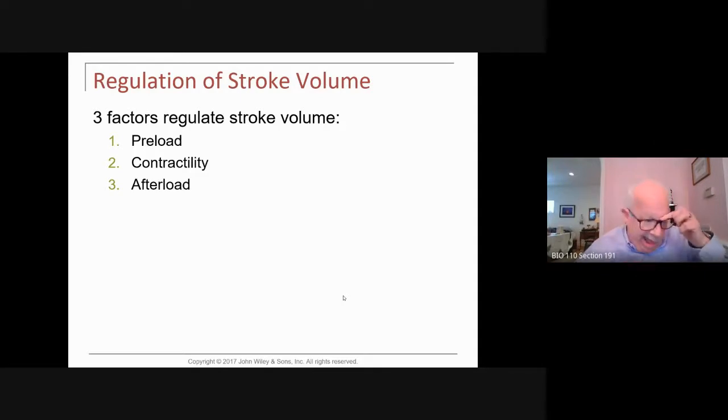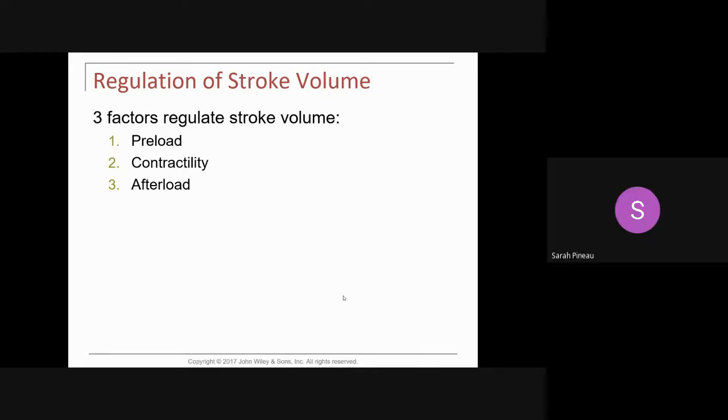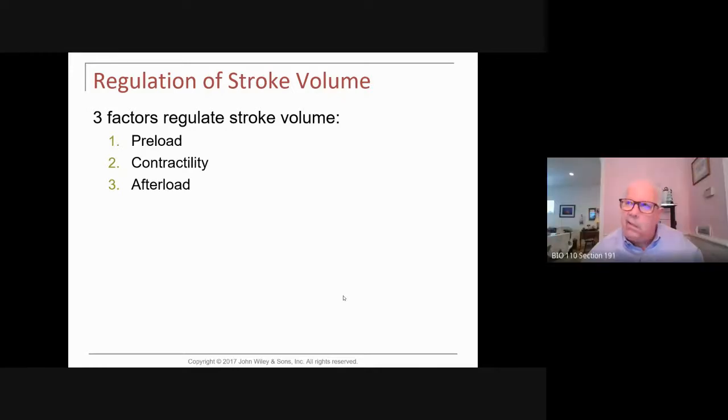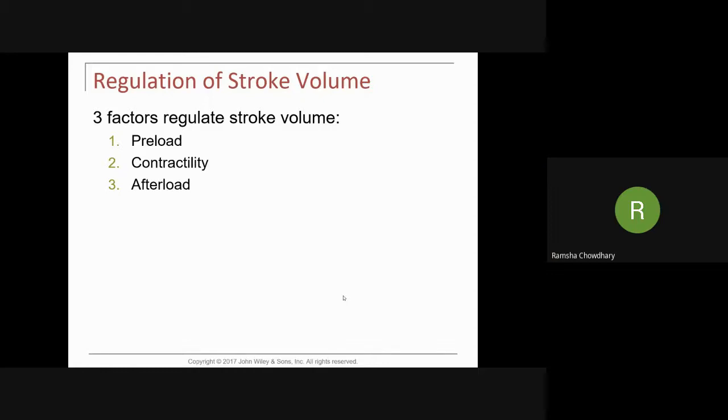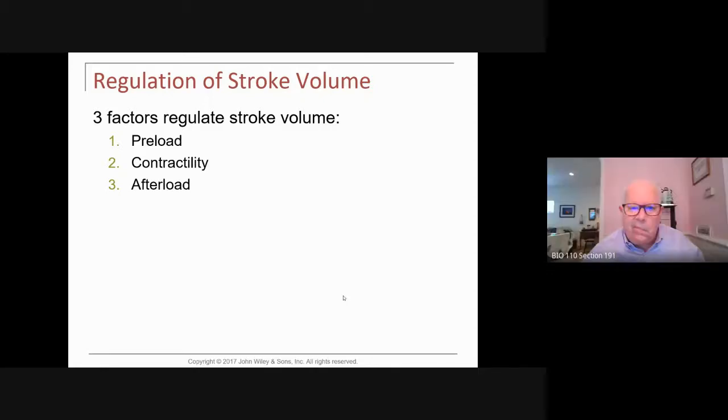Is your heartbeat fast or slow? Slow. That is correct. You see a snake in front of your feet. Is your heartbeat fast or slow? Fast. Yeah, exactly. So there are many things that affect heart rate.